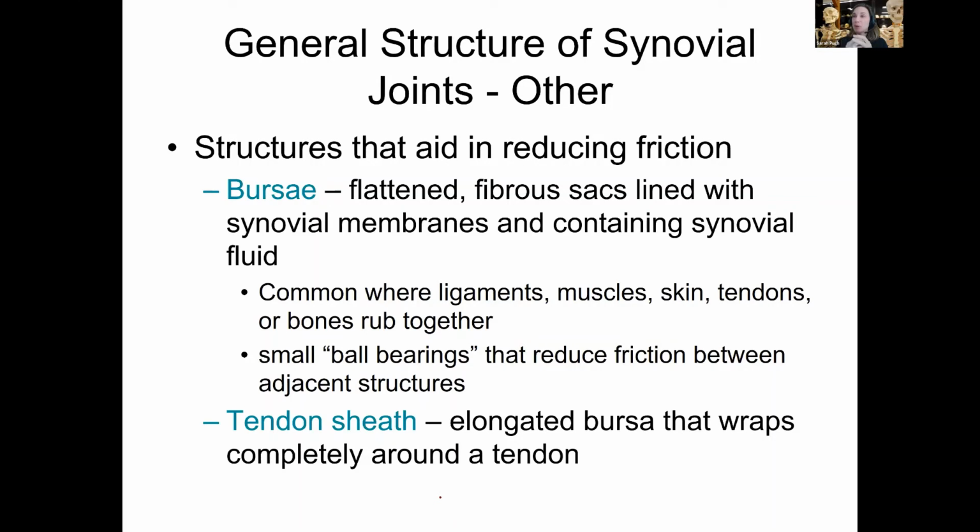I think of them as like ball bearings. They are little fibrous sacs that are filled with synovial fluid. You're going to have them where you have a lot of structures coming together, like ligaments and skin and tendons and bones. When you're moving the joint, they're all kind of rubbing together.